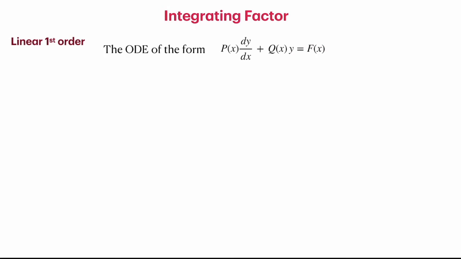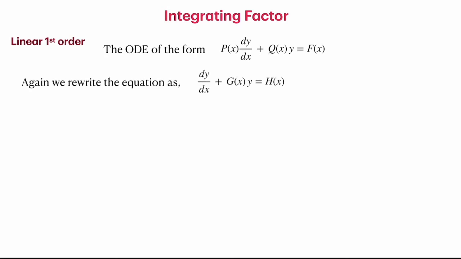So you note that in this case we don't have a power of y more than 1, that is why it is a linear equation. First order, because we have only a term of dy by dx, and f of x is a source term, so this is an inhomogeneous differential equation.